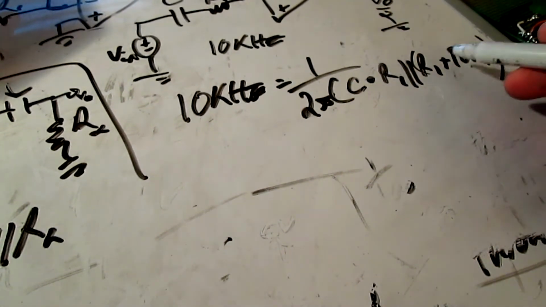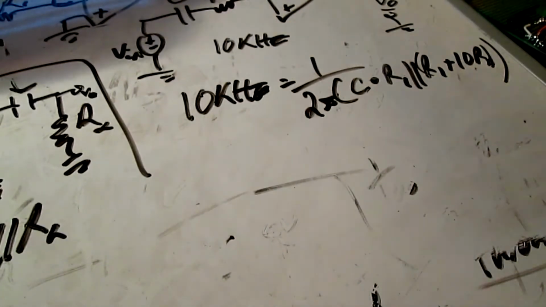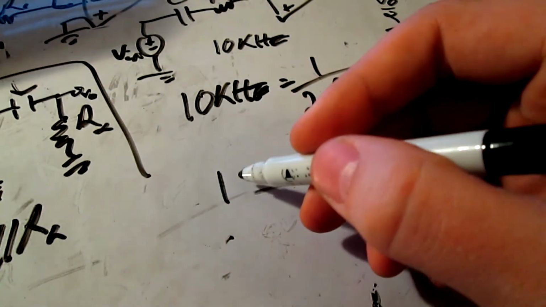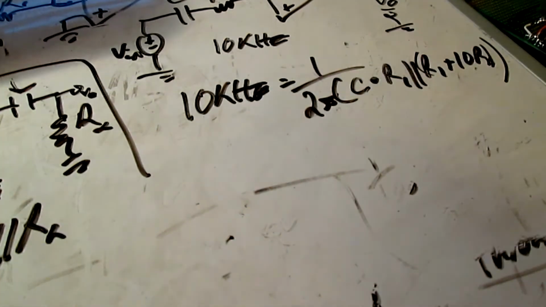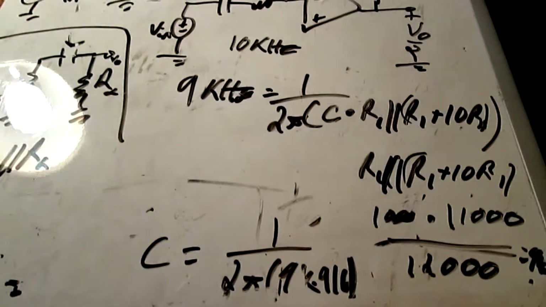So now you choose an arbitrary value for R1. So let's say 1K. So that math comes out to, so as you can see, I worked through the math.